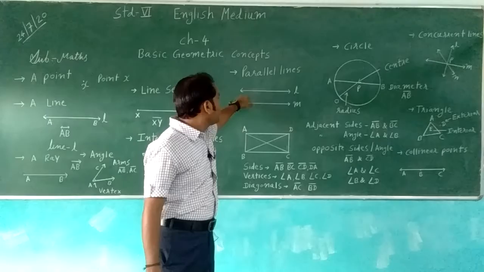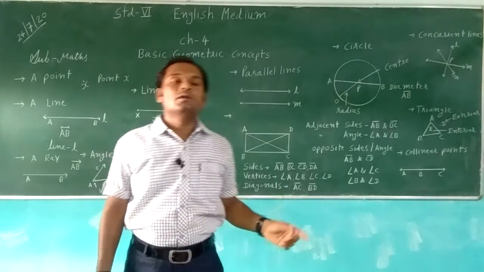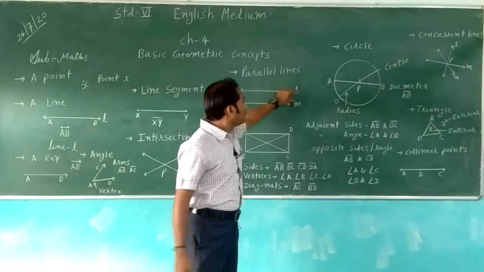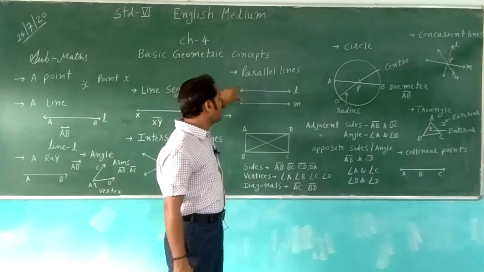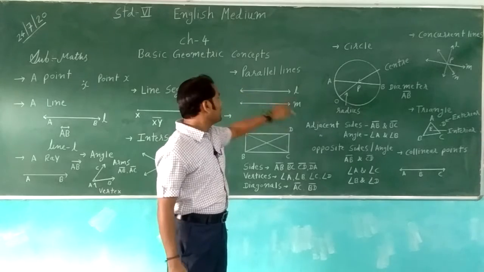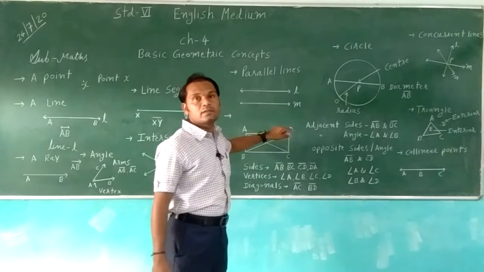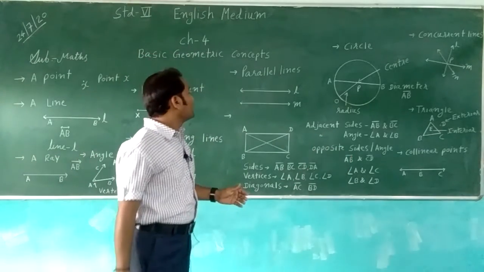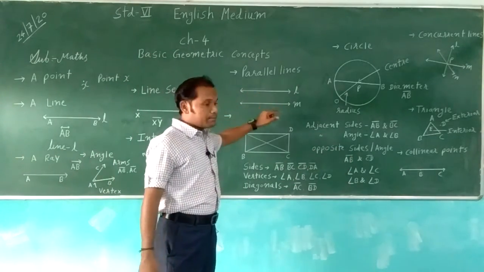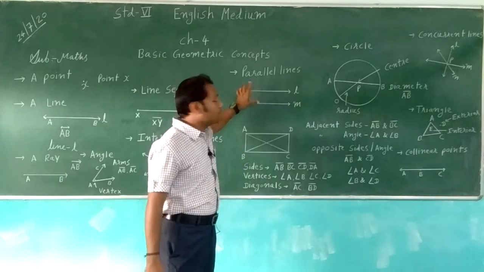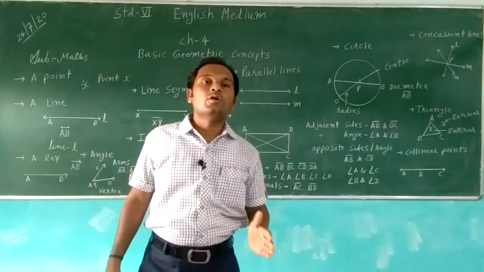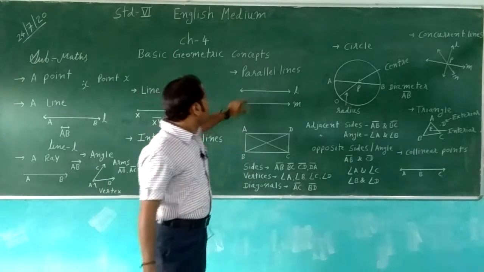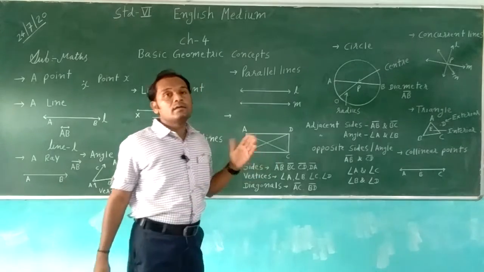You can see both lines going in one direction together with the same distance between them. The distance is the same, but they do not meet or intersect with each other. So these both lines are called parallel lines.